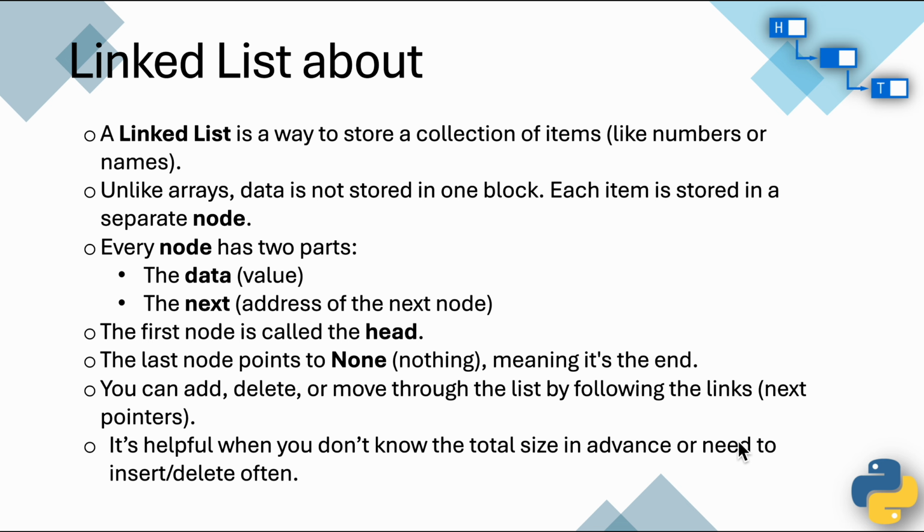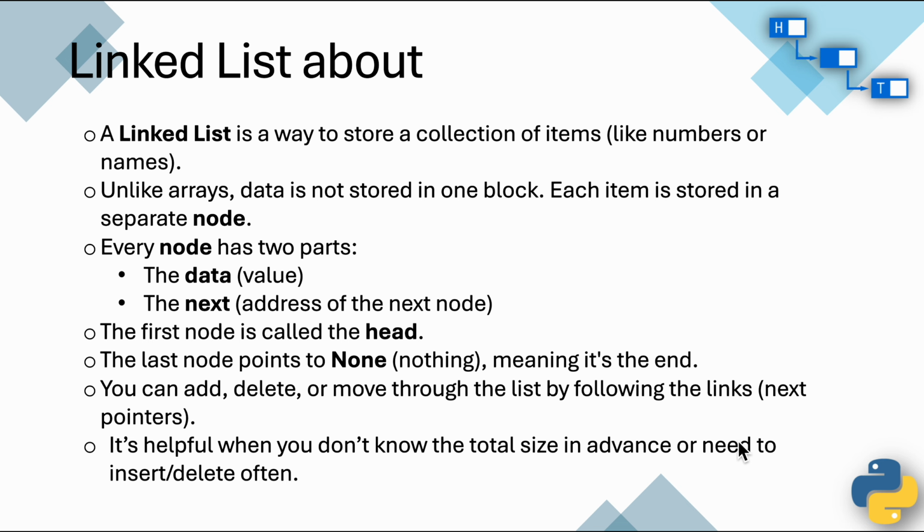Okay, a linked list is a way to store a collection of items like numbers or names or even objects or anything. So the same type of object, or you want to store different types of objects, it's up to you.